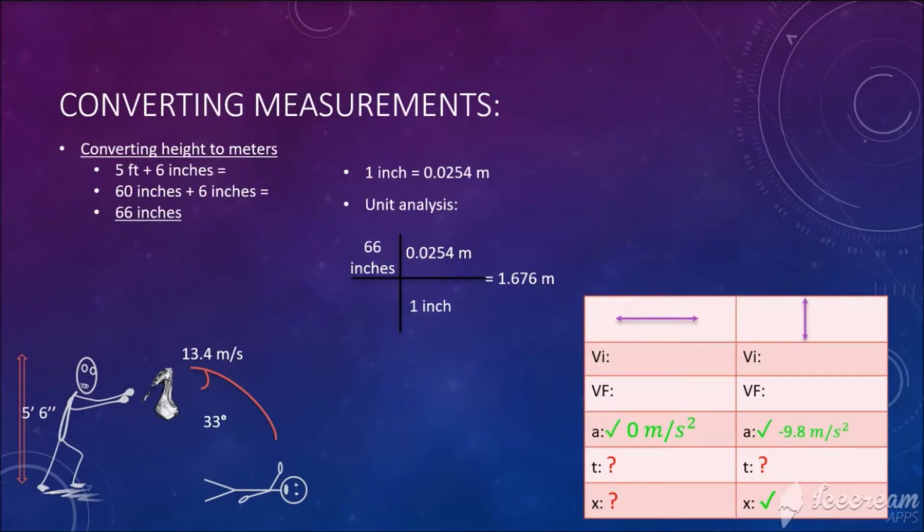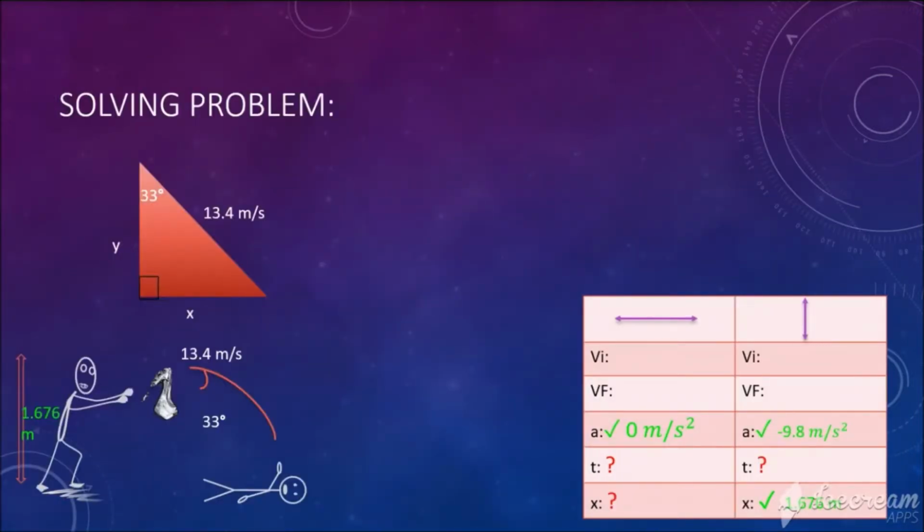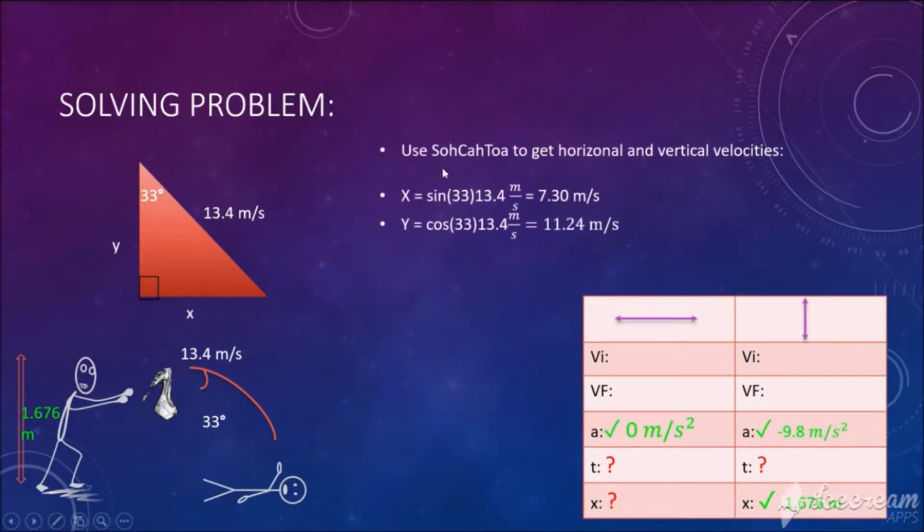That's how you do the unit analysis for converting the height. As shown in the chart, we added that the displacement of the vertical component is 1.676 meters.